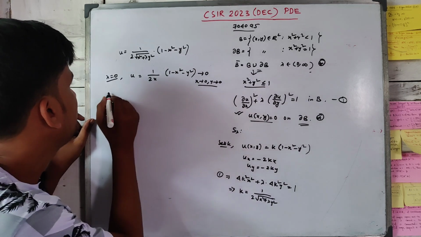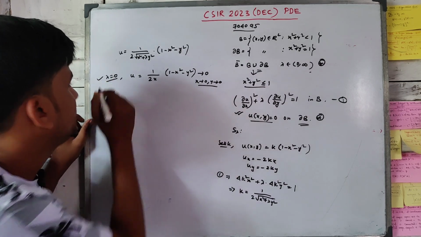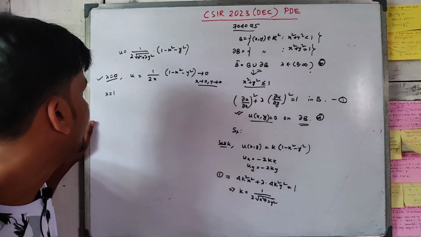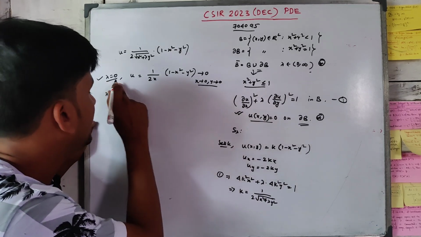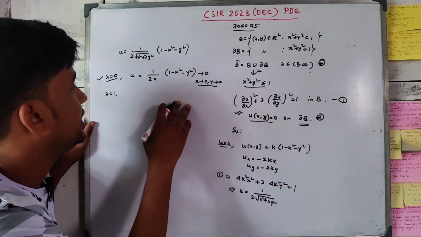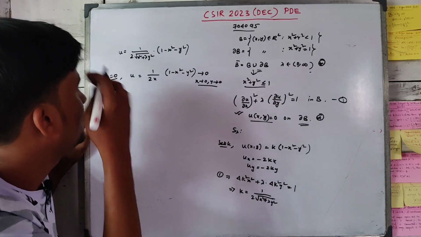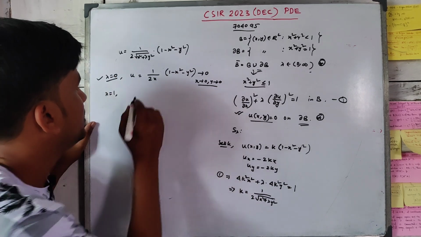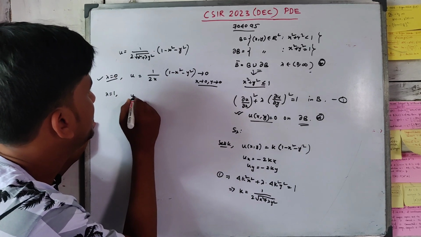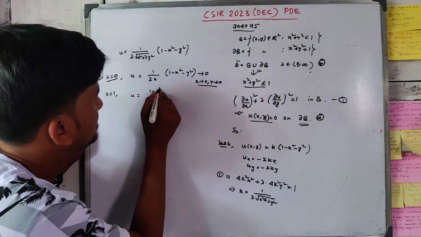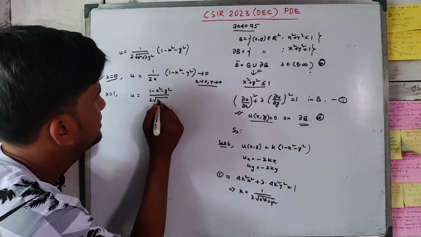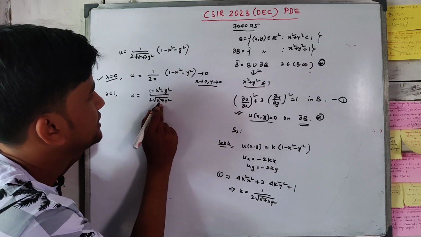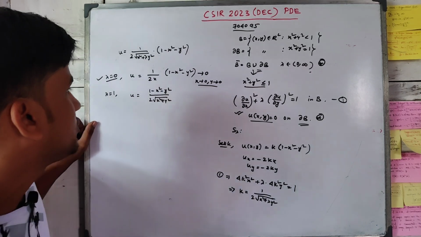Now if we choose lambda equal to 1, we can't say anything from lambda equal to 0, there is no conclusion to be drawn. If we choose lambda equal to 1, then u equals 1 minus x square minus y square by 2 root under x square plus y square, and this is the degree 1 and this is the degree 2.